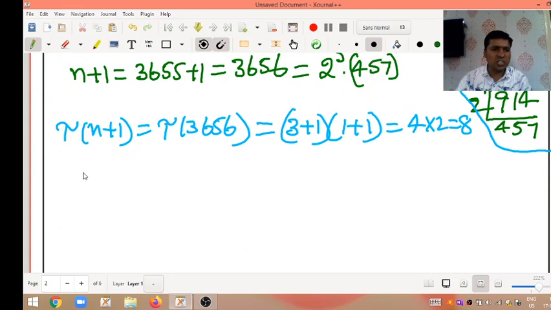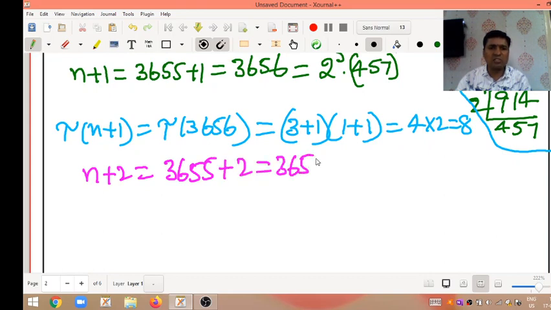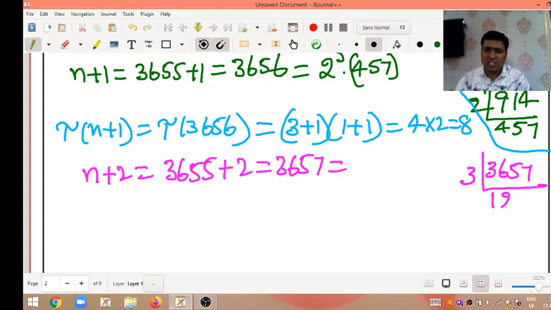Again, what do you want to check? n + 2 we want to check. So n value 3655 + 2 means 3657 will come. Again this 3657 we convert into a prime factorization. 3657, the unit place 7 is there, so it will be divisible by the prime 3. 3 1s are 3, 3 2s are 6, again 3 1s are 3, 2 remainder, 3 9s are 27.